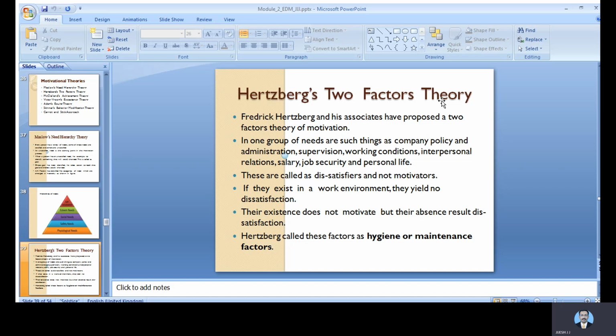The next theory is Herzberg's two-factor theory, where Herzberg proposed a two-factor theory of motivation.